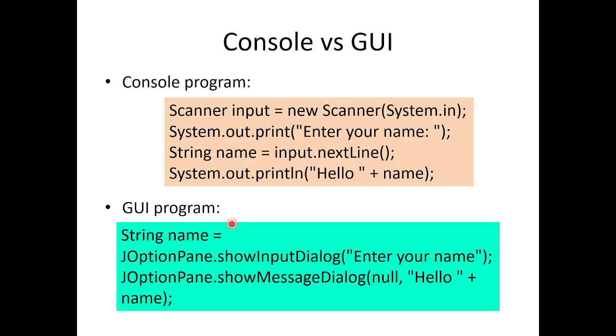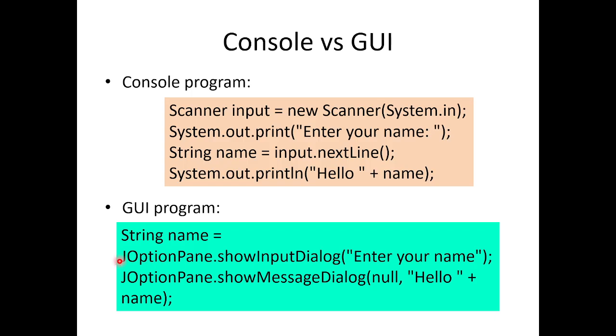Now in the GUI, we will mainly be using JOptionPane. The starting point for this GUI that you need to learn is JOptionPane. When you do this GUI, all inputs will be handled as strings. So let's say we have the variable name, and we define it as a string.